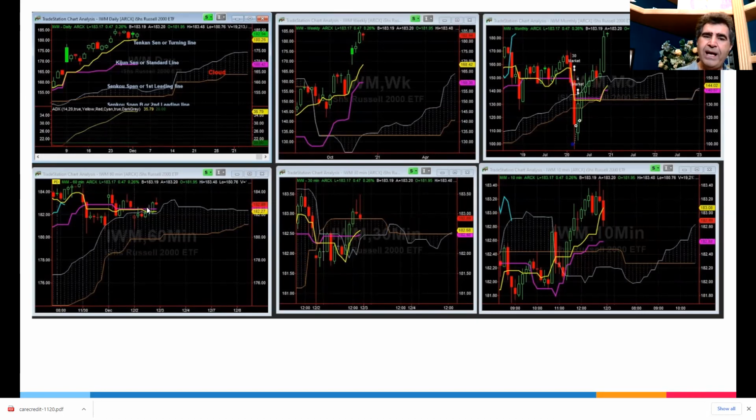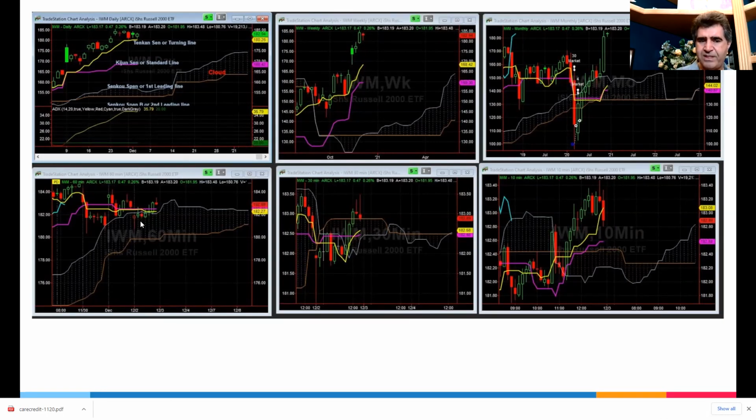How are our standard line and turning line looking? And what happens is, let's say I want to get into an investment on a daily basis, and I'm looking at holding on for a few days, then I want confirmation by looking at the shorter term. So let's say I have a positive indication on a daily basis. I will wait to see how the 60 minutes looks.